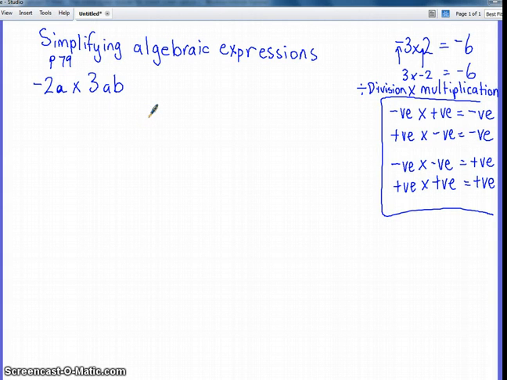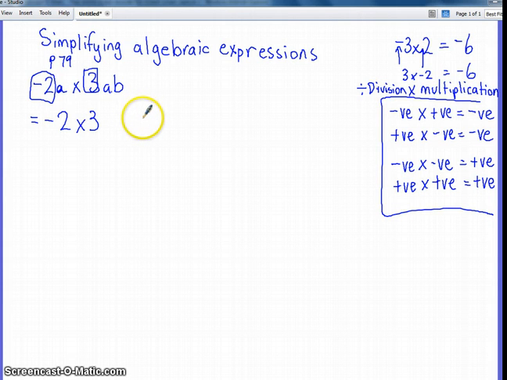Okay? And until you get used to it, the first thing to do is to say, what have you got there? Try and split up the numbers first from the pronumerals, or from the letters. So negative 2 times 3, and what we've got left is a times a.